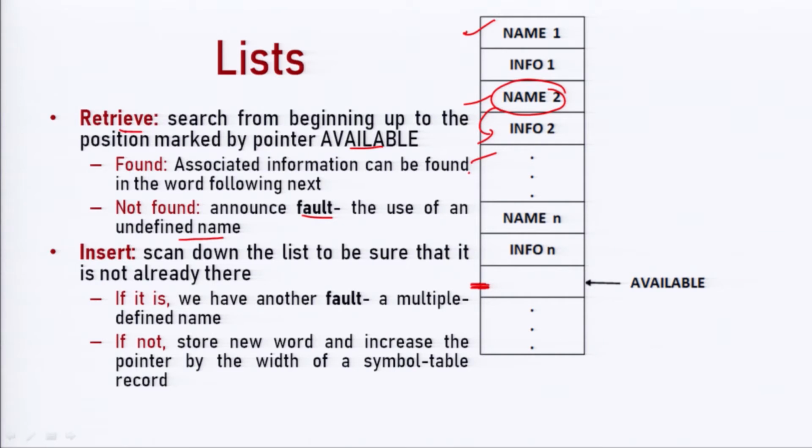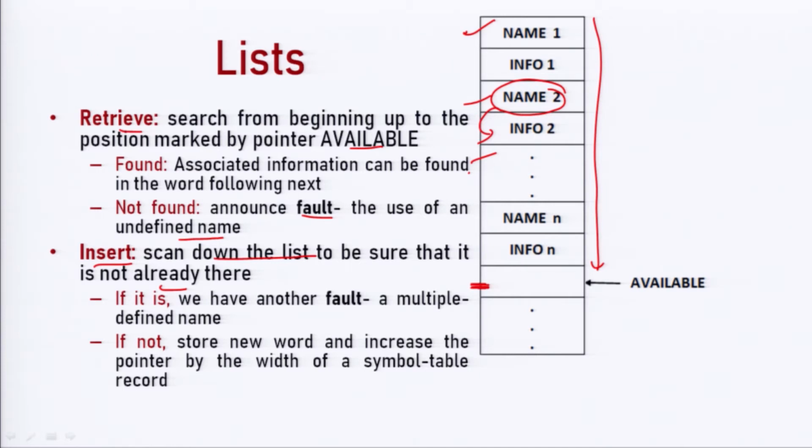Now, next is insert, meaning we want to insert a new record into the symbol table. For that purpose also, before inserting the new name into the symbol table, we scan down the list to be sure that it is not already there. So, suppose we have the n plus 1th record, we will scan the table from top to bottom one after another, and if we do not find it, then we will store the new word and increase the pointer by the width of the symbol table record.